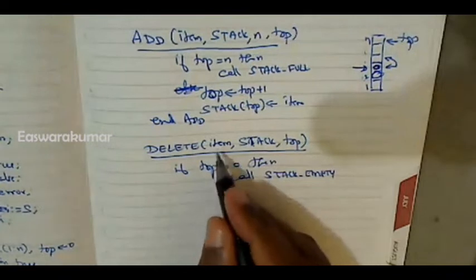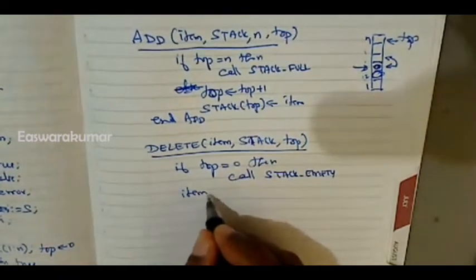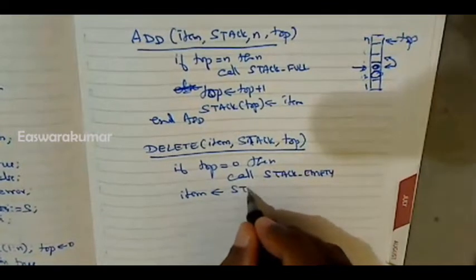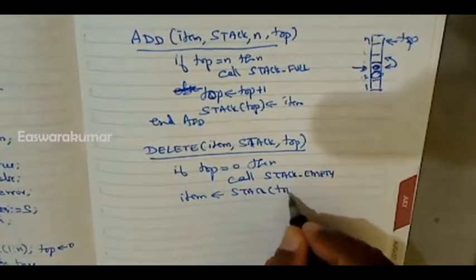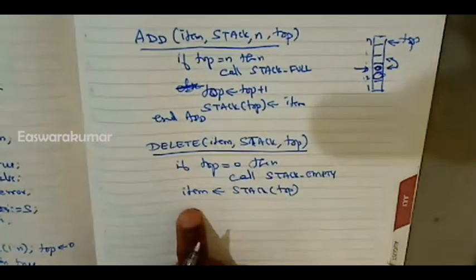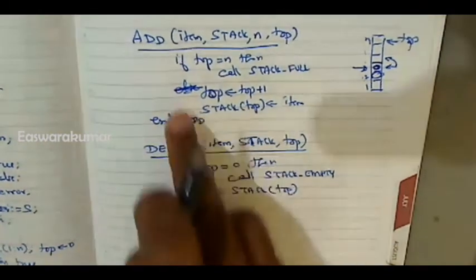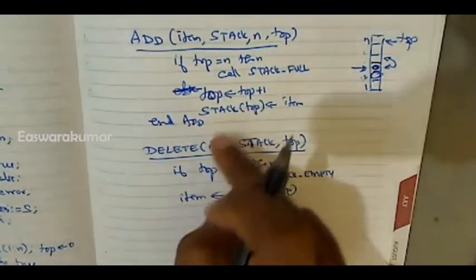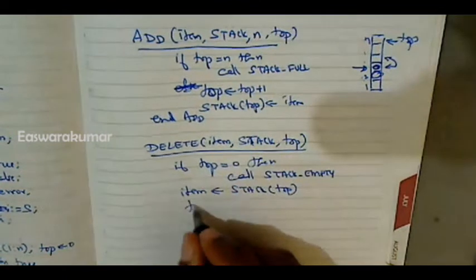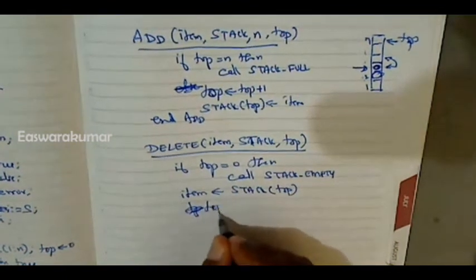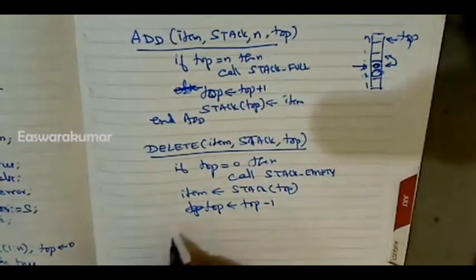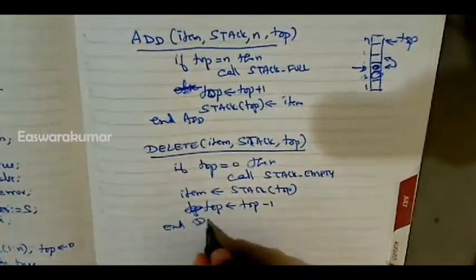First, in order to return the value, item is equal to stack of top. Whatever is there in the stack will be returned to this item, and that can be taken into our other code through this parameter. Then top equal to top minus 1. Okay, then end delete.